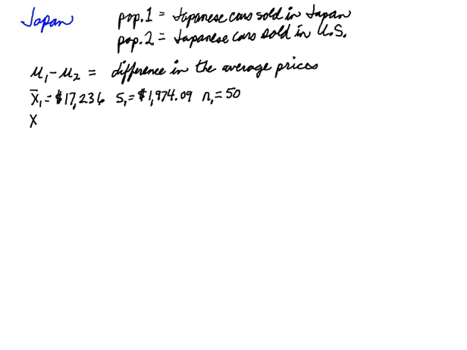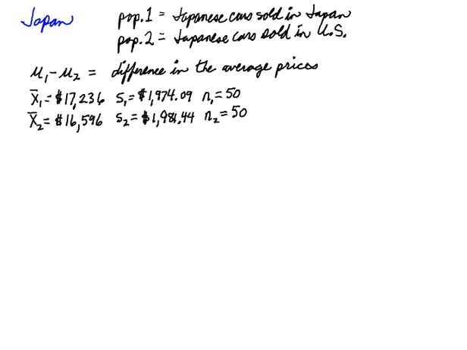The U.S. cars were also sampled, and the 50 U.S. cars from the sample averaged $16,596 with a sample standard deviation of $1,981.44. The sample size for this population 2 was also given as 50.